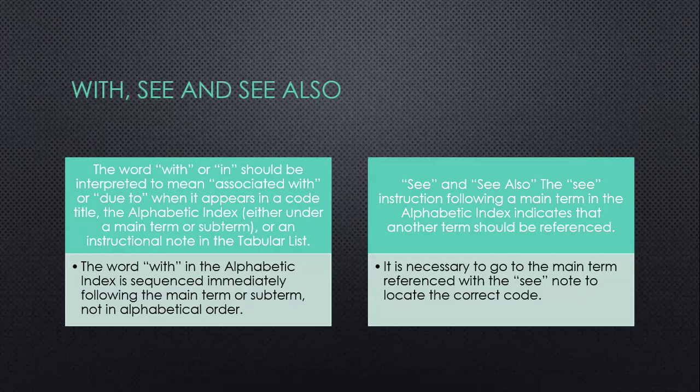Okay, if you see also, that means it could also be listed here. See means go there. See also means you can if it's applicable. So hopefully that clears that up when you are looking in your book.